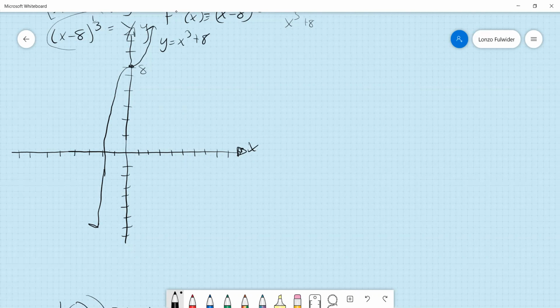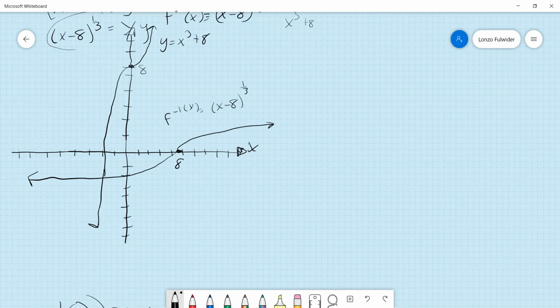Now let's graph the inverse. So the inverse is x minus 8 raised to the 1/3 power. If you put the inverse, it would look something like this. Call this f inverse, x minus 8 raised to the 1/3 power.